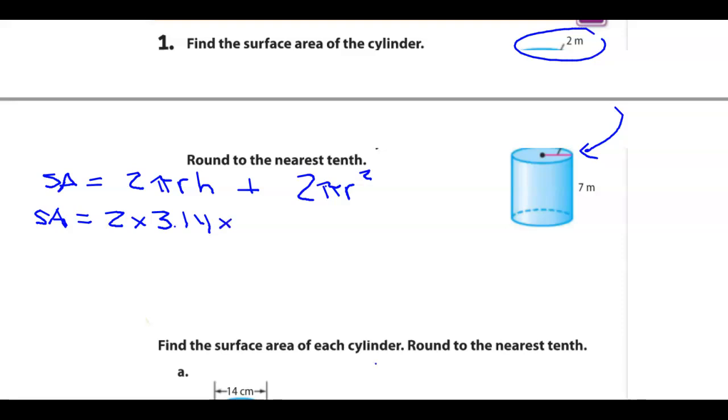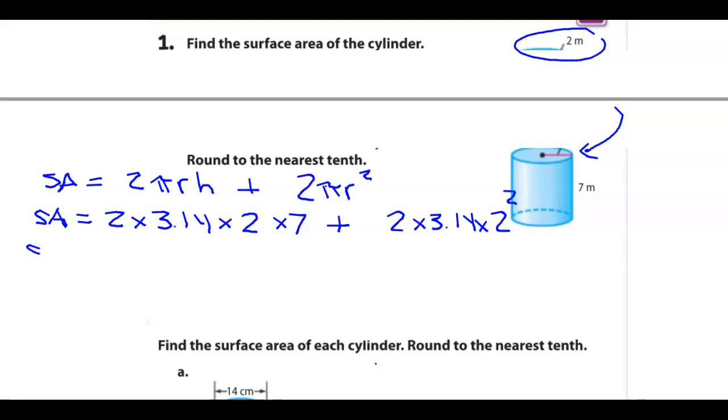Times the radius, and the radius is 2, times the height, which is 7. And then we're going to add in the 2 times 3.14 times the radius, which is 2 squared.